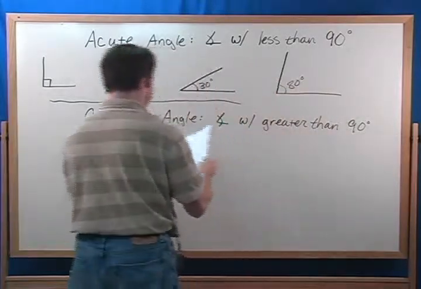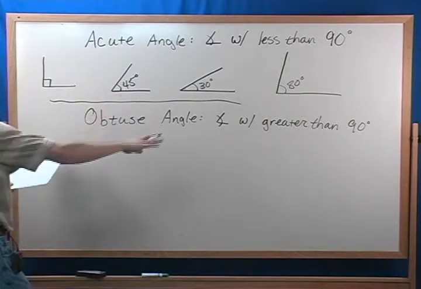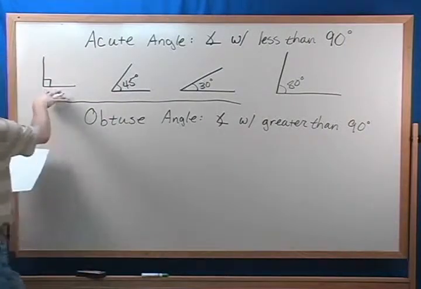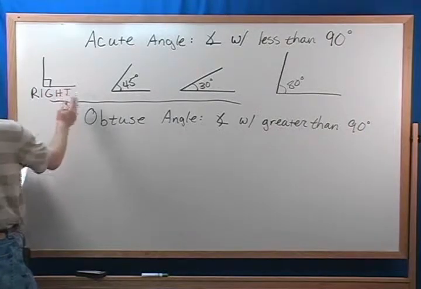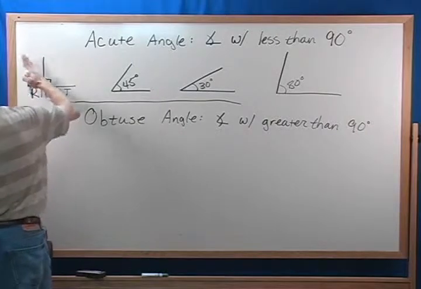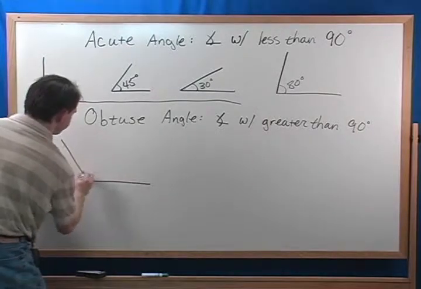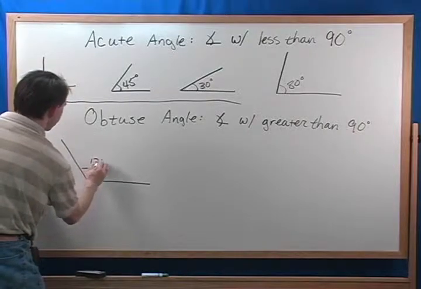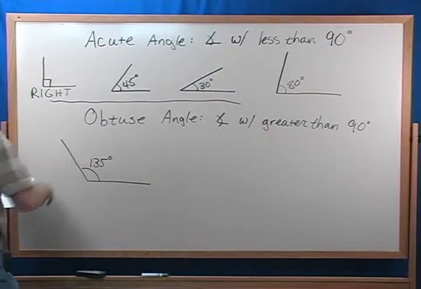So that's all it means. Let me give you some examples of obtuse angles. Again, this is a right angle, just for reference. So if I have to have an angle bigger than that, it needs to even stretch past this point. So let's say something like this. This is 135 degrees. This is a rough measure here, so that's an obtuse angle.